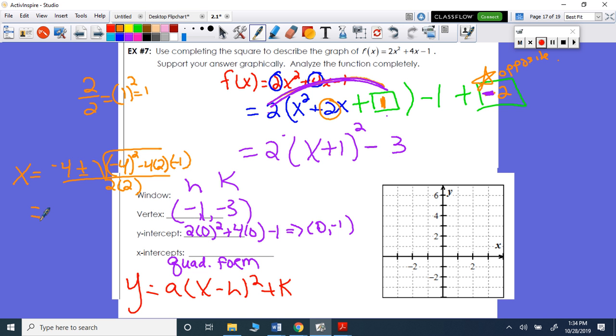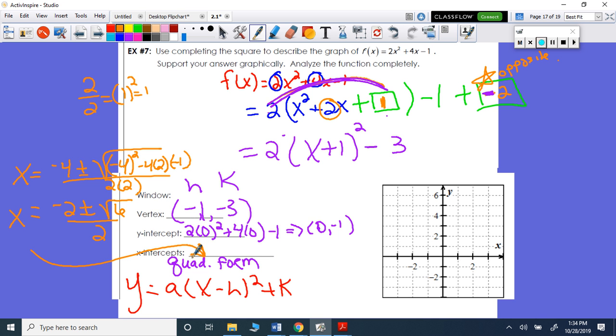When you do that, you end up with negative 2 plus or minus the root of 6 over 2. Those are your x-intercepts. If I don't ask you to graph, you can leave it like that. But if you have to graph it, you can do the decimals.